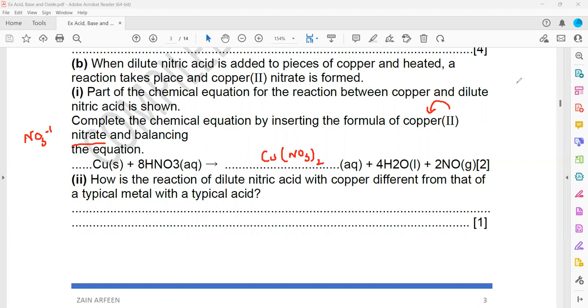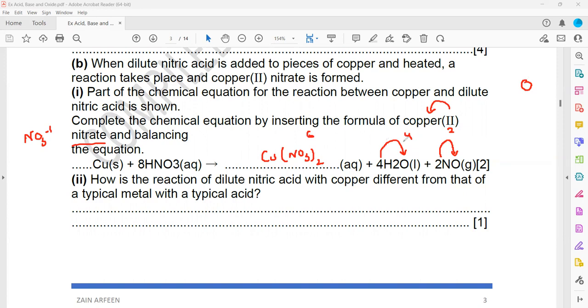A simple way to balance, as I mentioned, is to always start with oxygen. When you check oxygen, there are 4 oxygens here and 2 oxygens here. So 4 plus 2 is 6, and 3 multiplied by 2 is also 6.